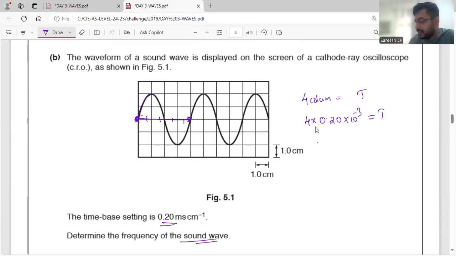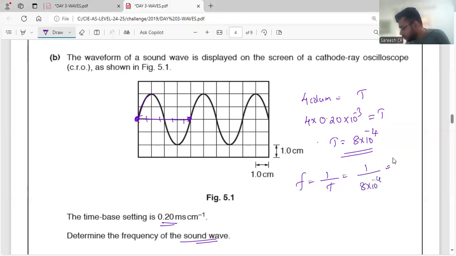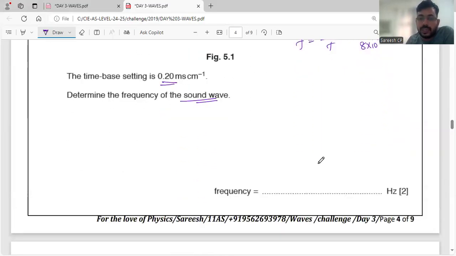So basically it is 4 times 0.20 times 10 to the power minus 3. I can say it is 8 times 10 to the power minus 4. So the time period of the wave is 8 times 10 to the power minus 4. And the frequency and time period are related by the equation f is equal to 1 over T. So 1 divided by 8 times 10 to the power minus 4 gives 1250.